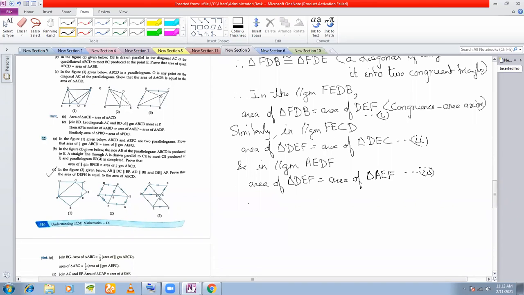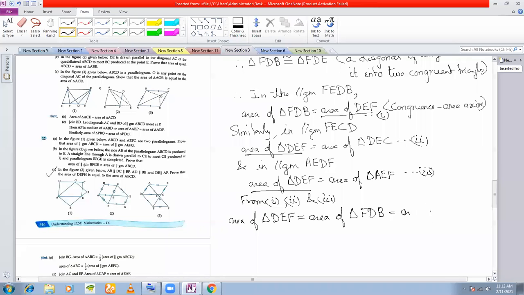So from 1, 2 and 3, what do you get? You get area of triangle DEF, because see, DEF is here, here and here, so all the four triangles are equal in area, is equal to area of triangle FDB is equal to area of triangle DEC is equal to area of triangle AEF.